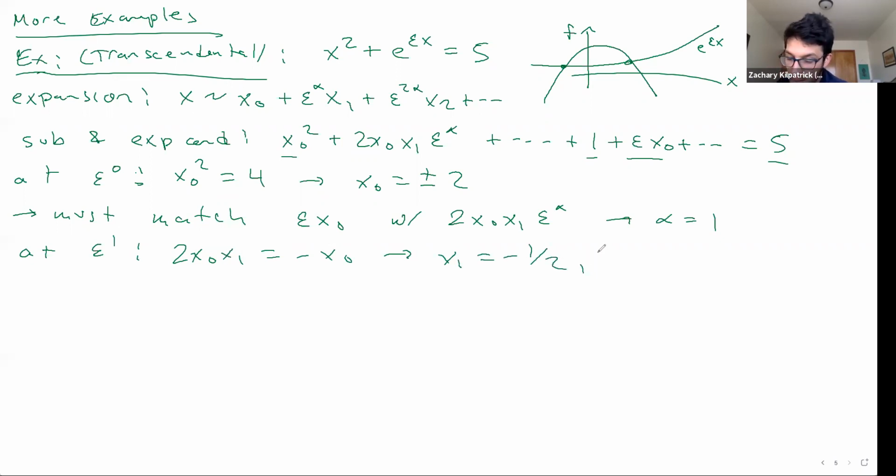And so far, what I have is x equals plus or minus 2, minus epsilon over 2. Maybe you only want to go up to linear order, but we could go further if you want to. Questions about that?